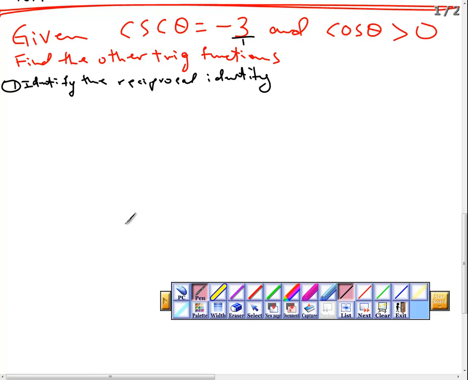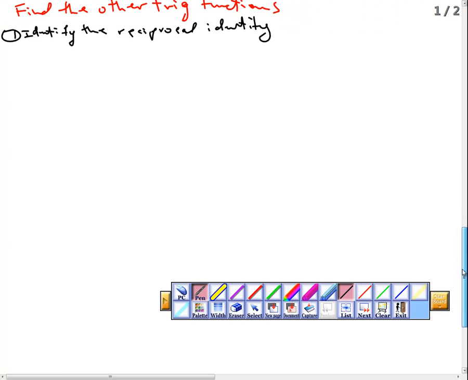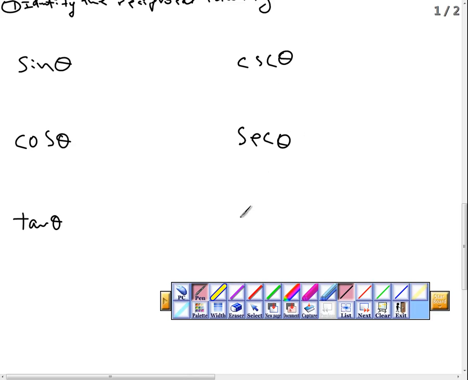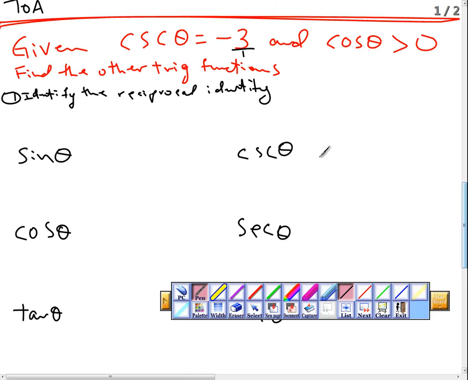So let's look at it this way. Here's sine, cosine, tangent theta. And then we also have cosecant, secant, and cotangent. And we already know cosecant, right? We know that's a negative 3.